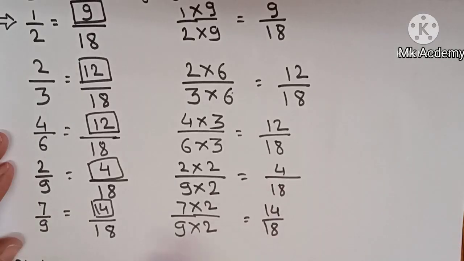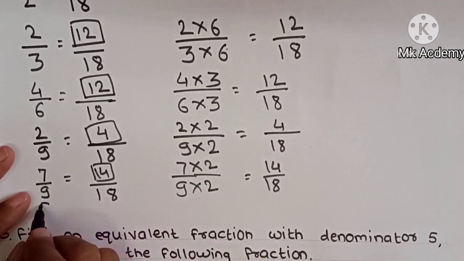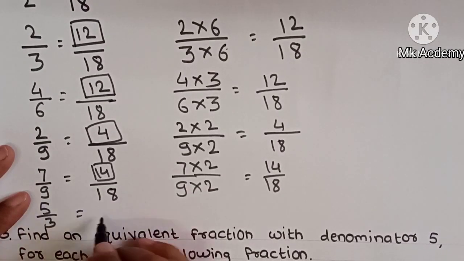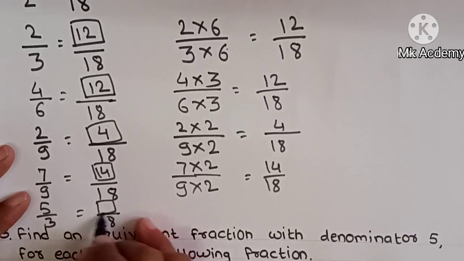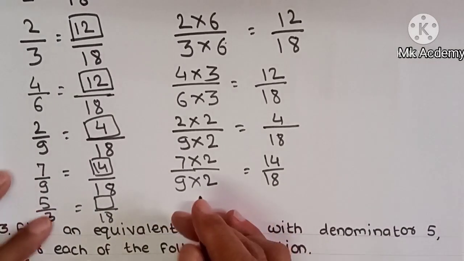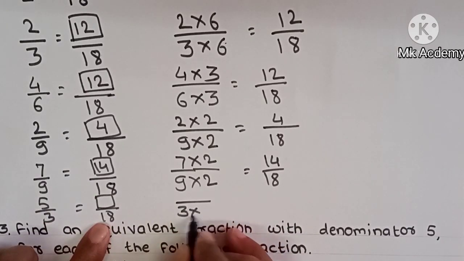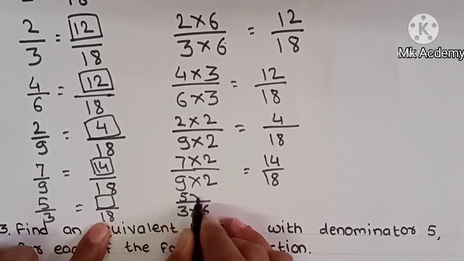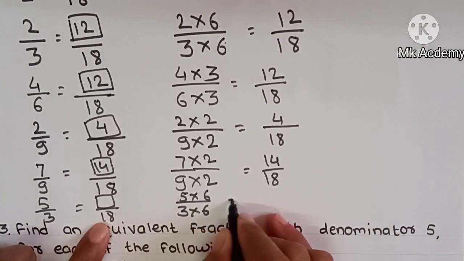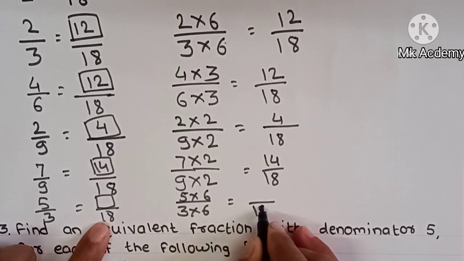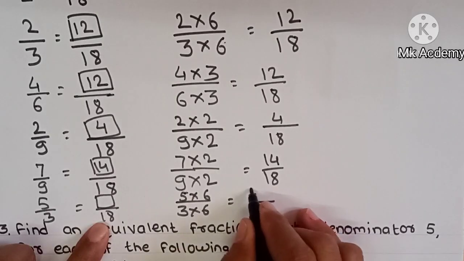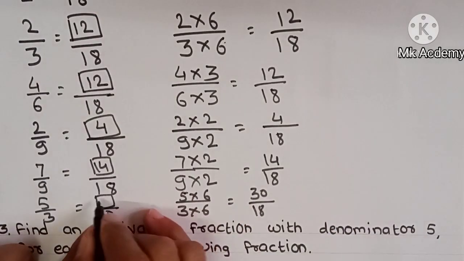Now next fraction is 5 upon 3 is equal to something upon 18. Now which number do we multiply 3 by to get 18? See, 6. Therefore the numerator we also multiply by 6. 6 threes are 18. 6 fives are 30.